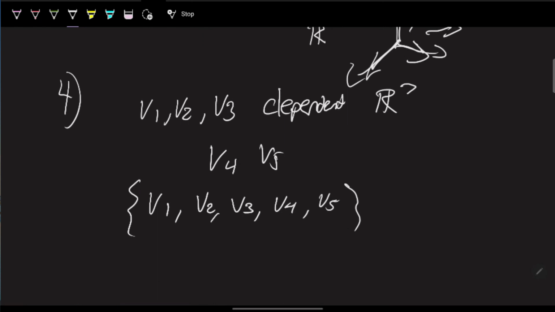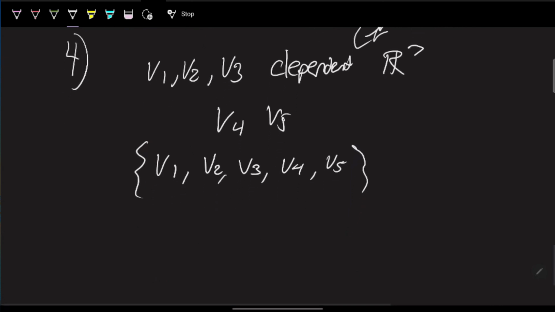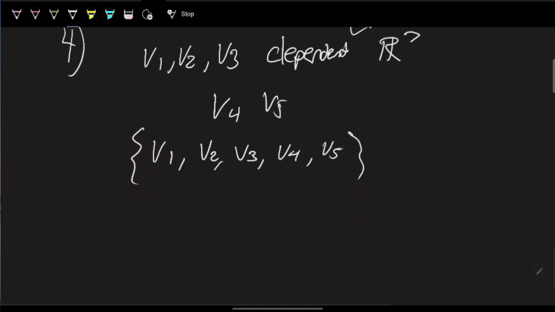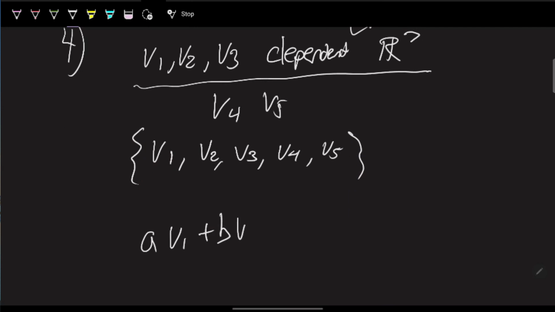Yes, but hang on. What's the definition of linear dependence or independence? It's like one answer determines the other one. Right. That's intuitively correct. But let's use a very cut and dry mathematical definition, right? The definition of linear dependence in R7 means that there exist A, B, and C such that A times V1 plus B times V2 plus C times V3 equals 0.